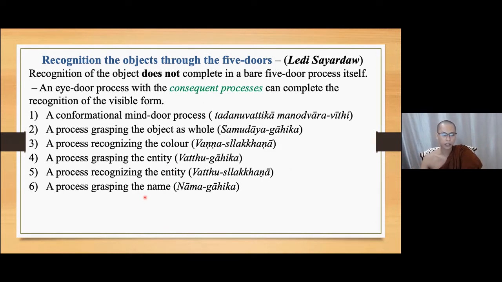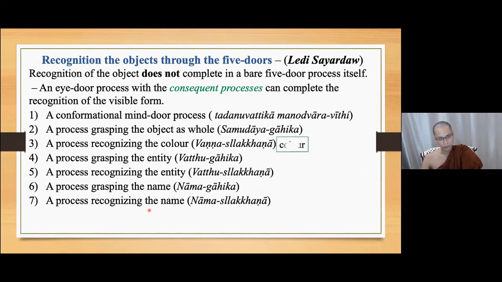That is called grasping the name, nama gahika. Then nama sanlakkhana, recognizing the name. So these are the seven consequent processes explained by the Venerable Ledi Sayadaw to accomplish the eye-door process, including the other physical door processes, the five-door process.